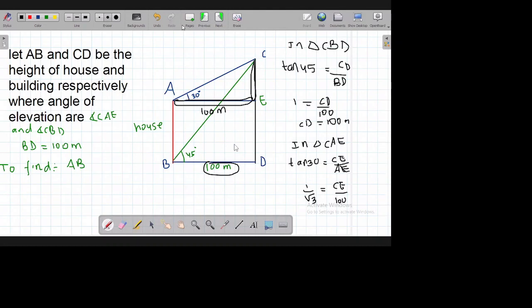Now from here you can get the value of CE. That means how much will be CE? CE will be 100 by root 3, 100 divided by root 3.